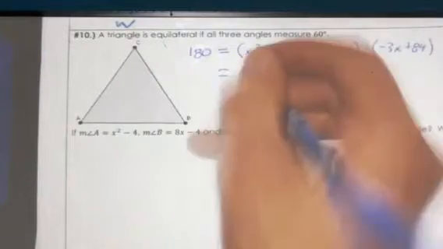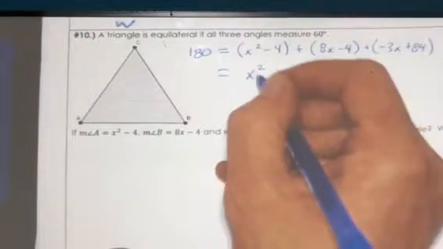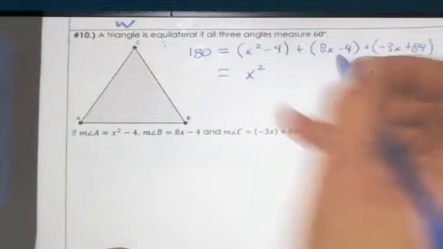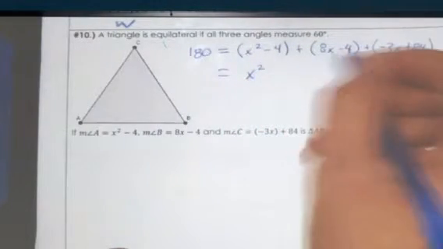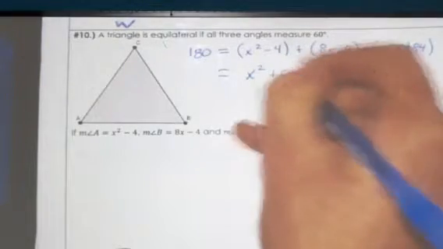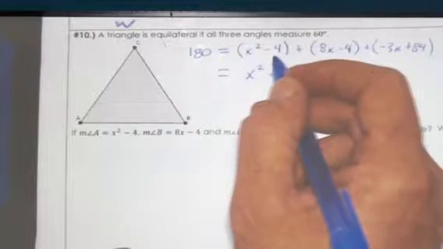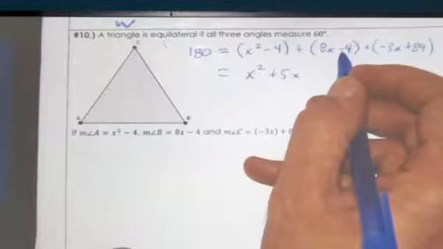So we have how much x squared? Just this 1x squared. Now how much x do we have? We don't have any x here. We have 8x here. We have negative 3x here. So when we add them, we get positive 5x. How much constant do we have? Minus 4. Minus 4 more is minus 8.